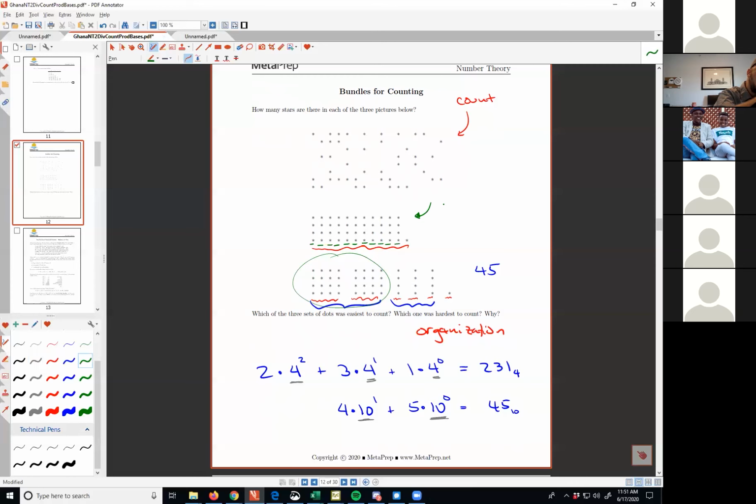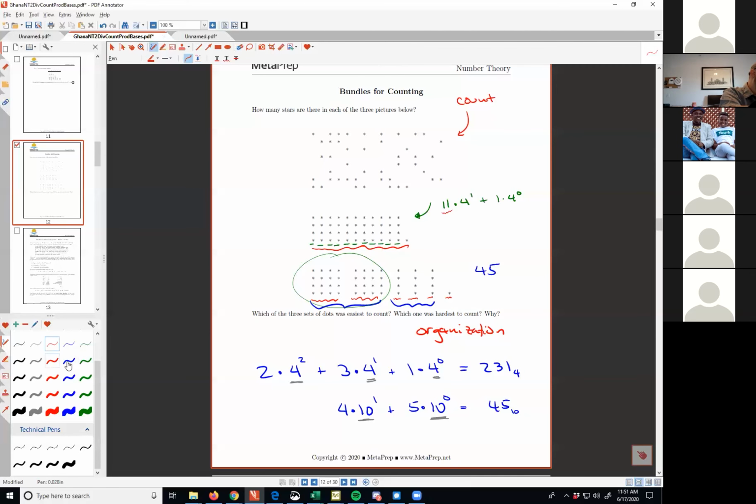We could say, hey, look, there are 11 times 4 to the first plus 1 times 4 to the 0, and that's true, but we'd like to get rid of this number that is 4 or greater. We want to group as many of those into larger groupings of 4.